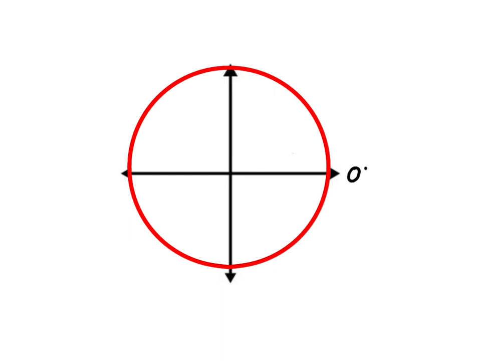And we work our way counterclockwise. So at the top, this is going to be 90 degrees. And we know that because we have a right angle right here. And we could connect the ends and make a right triangle right there if we wanted to.